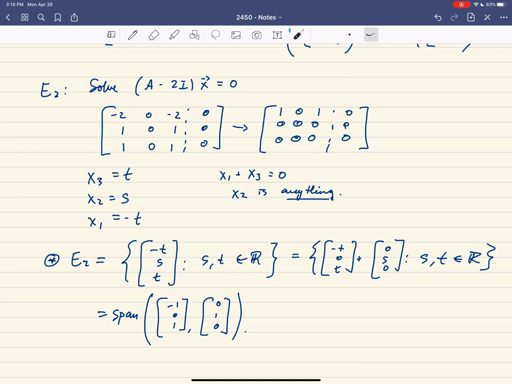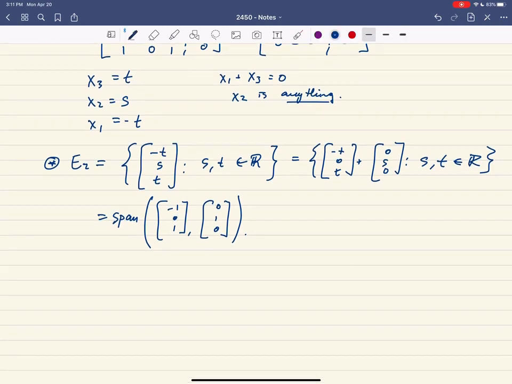So I should just add that the dimension of E sub lambda is going to be less than or equal to the multiplicity of lambda, where the multiplicity is the power that you have for lambda minus whatever value in your characteristic polynomial. So the dimension of the eigenspace always is going to be less than or equal to the multiplicity of lambda.